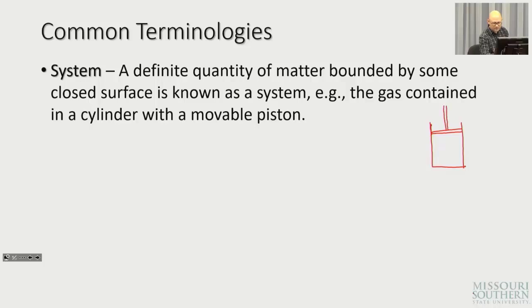Movable piston means you can move this piston up or down, and this is filled with some gas. Okay, so that's the system. Another example of a system is a tire containing some air. Okay, you have a tire with some air, so this tire containing air is a system.